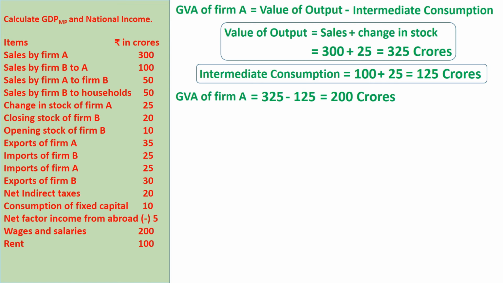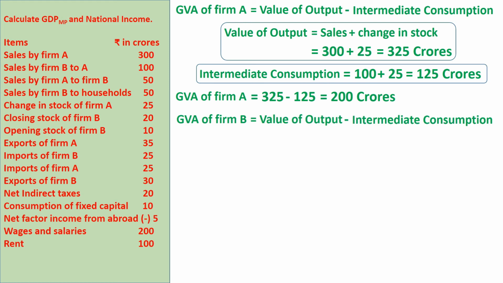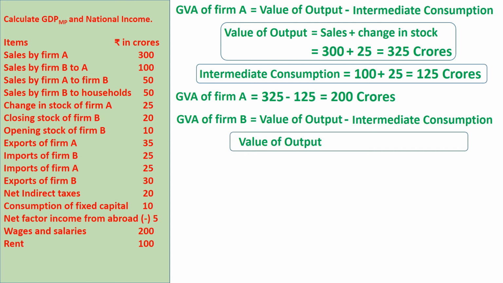Now we will calculate GVA of firm B. GVA of firm B is equal to value of output minus intermediate consumption. Now we will calculate value of output. Value of output is equal to sales plus change in stock. Sales is not given directly.